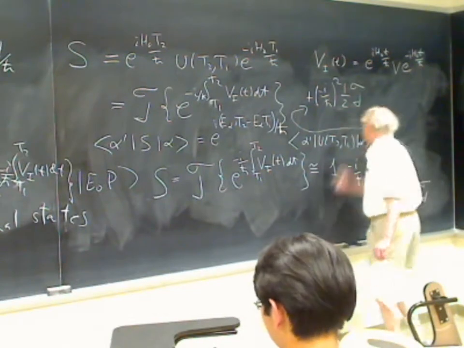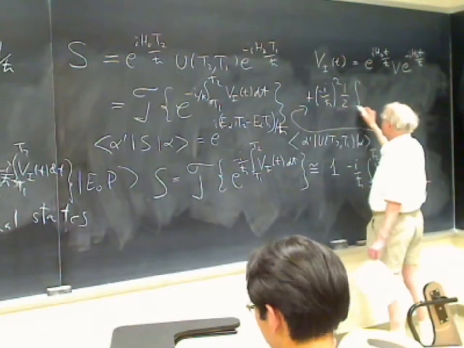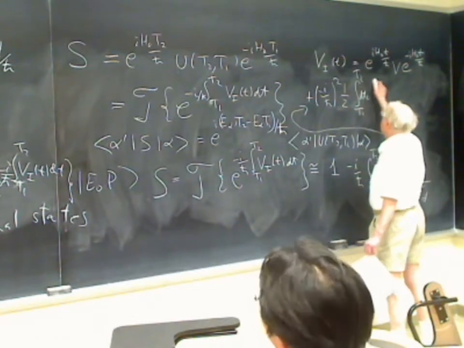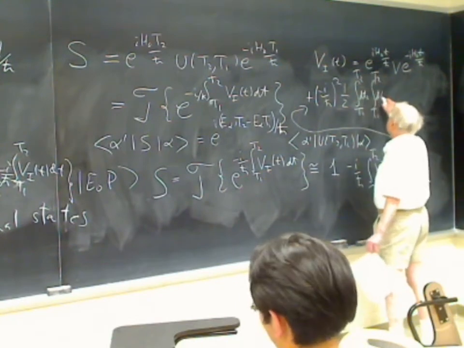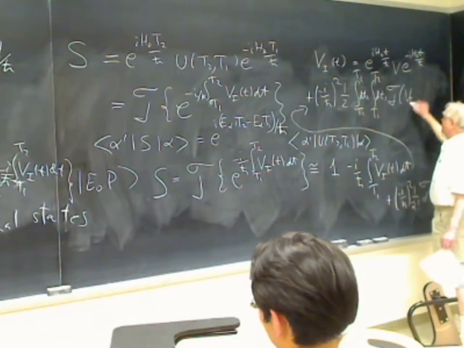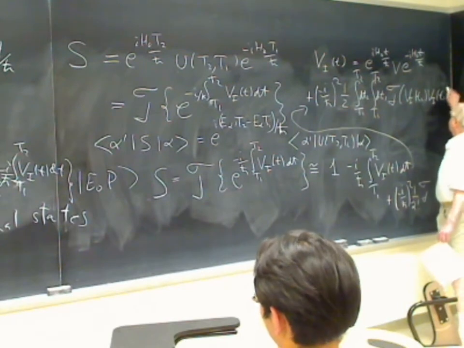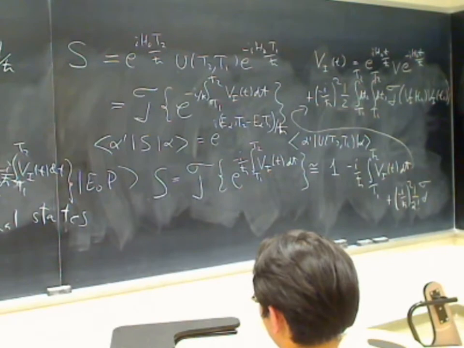Or in fact, to write it a little bit better, let's just write the two integrals: integral T1 to T2 dt2, integral T1 to T2 dt1, time-ordered product of V_I of t2 V_I of t1. So that's the second term.